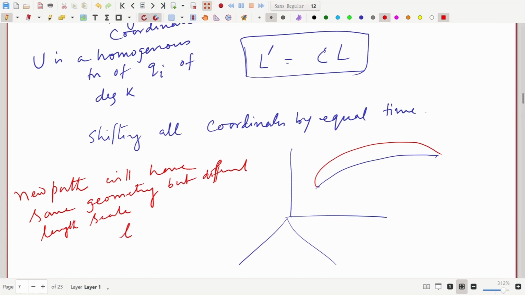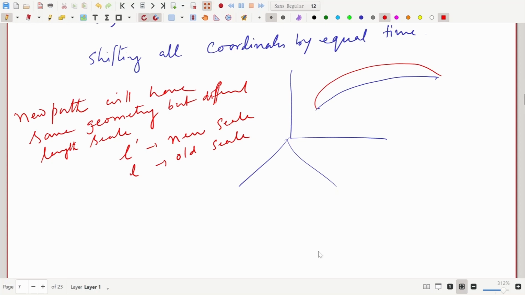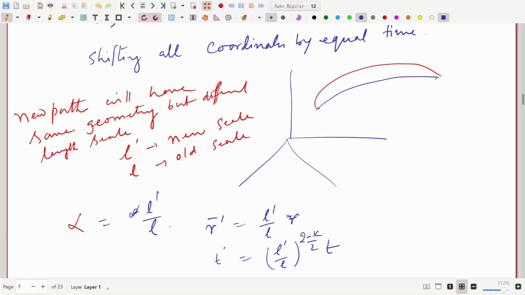If L prime is the new scale and L is the old scale, then alpha is nothing but L prime by L. I can say my r prime, the new coordinate, will be L prime by L times r, and t prime will be (L prime by L) to the power (2 minus k) by 2 times t.